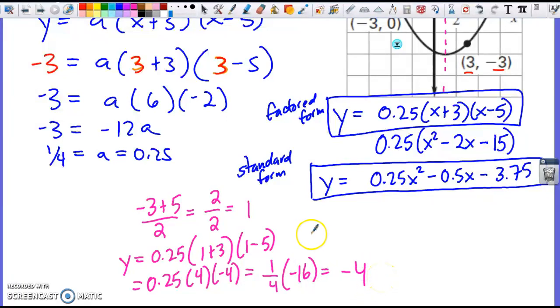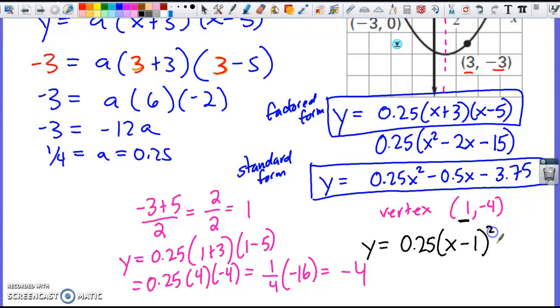So the vertex is at (1, -4). To write vertex form, pretty easy: y equals, what's the a value? 0.25, (x minus h), where h is 1, plus k, where k is -4.